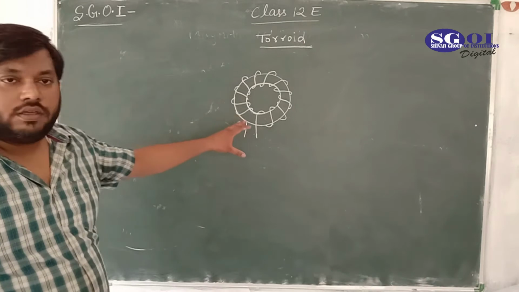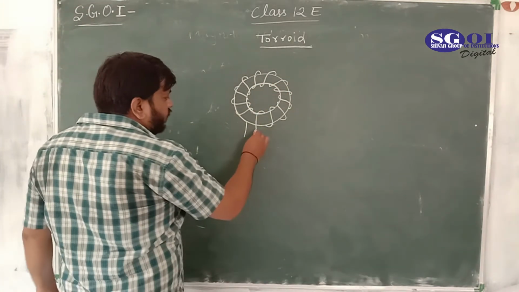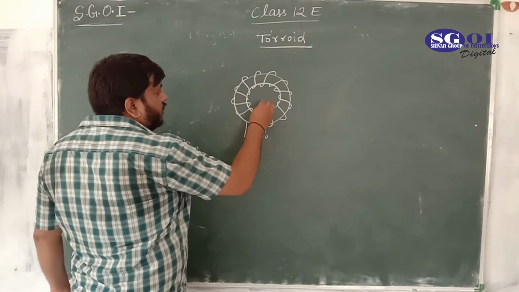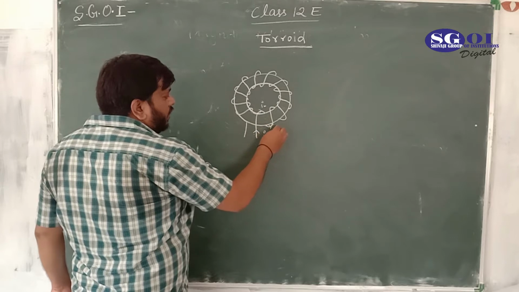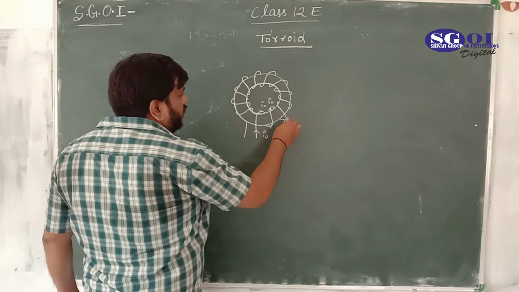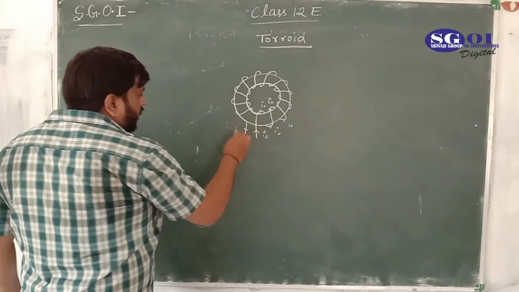In this way, we have wrapped the wire in this structure, and this current is flowing. Let's say I naught, current is entering, I naught, current is coming out, I naught. Current is entering, I naught, current is coming out, I naught. Entering, I naught, coming out. Finally, current is coming out, which is I naught.